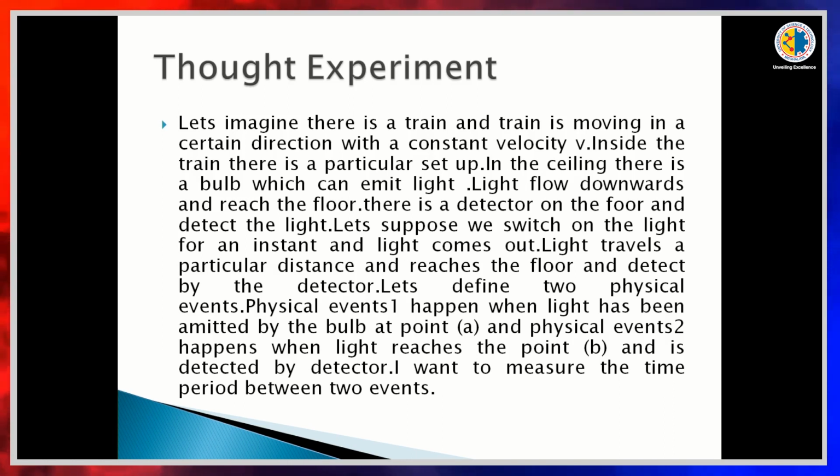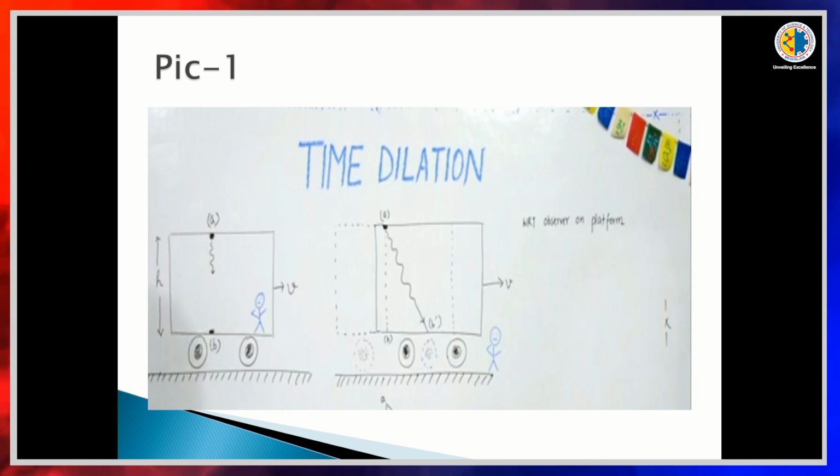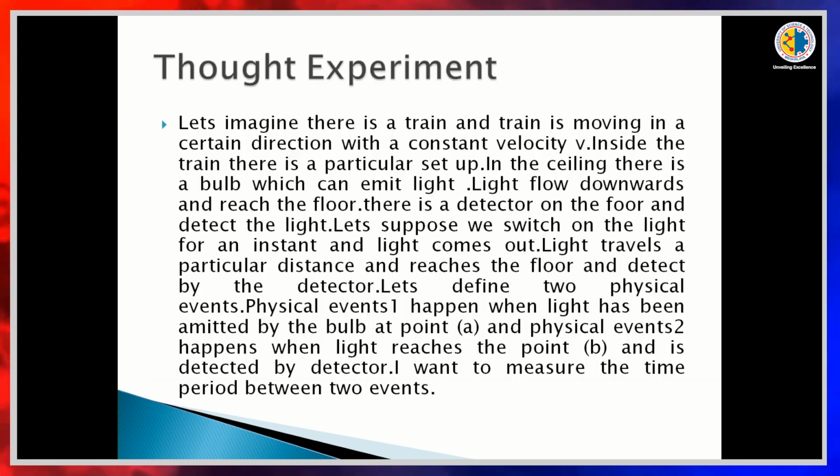First, consider a bulb which can emit light, and the light flows downwards and reaches the floor. There is a detector on the floor which detects the light. So, this is the picture. Picture A shows that the bulb emitted light, and the light reaches the floor straight down.